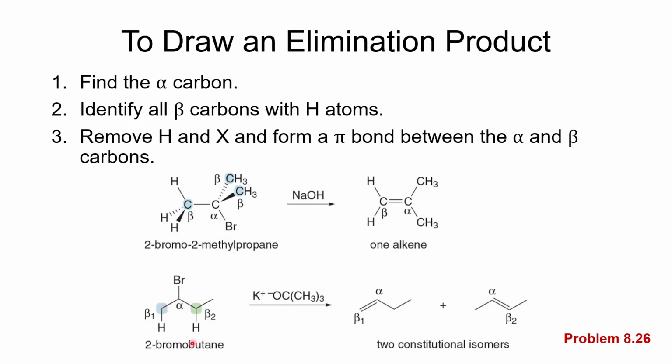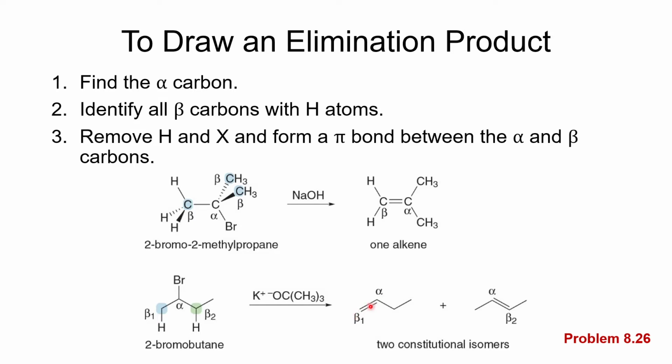This is 2-bromobutane, so here's carbon 1, 2, 3, and 4. There are 2 different types of beta carbons that have hydrogens. On carbon 1, we will have a hydrogen, and here, carbon 2 is the alpha carbon, and carbon 3 is another type of beta carbon with hydrogen. So carbon 1 and 3 are the 2 possible locations where we can do elimination.